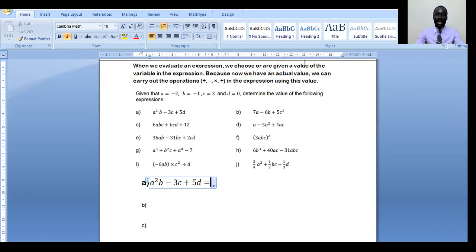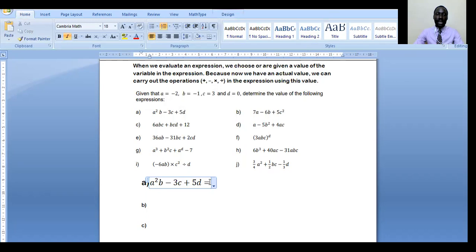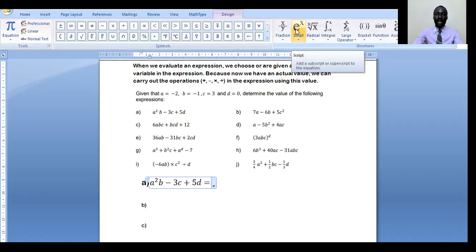Now, what is A squared? Instead of having A squared, we will be having -2 squared.